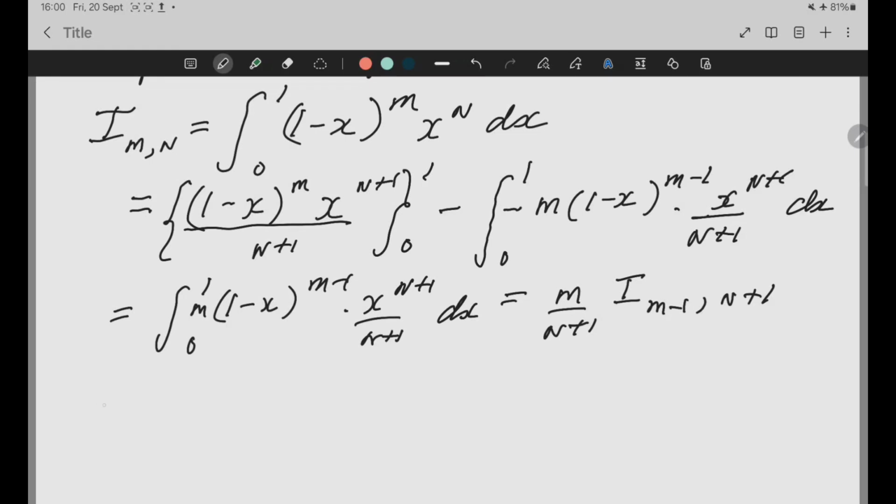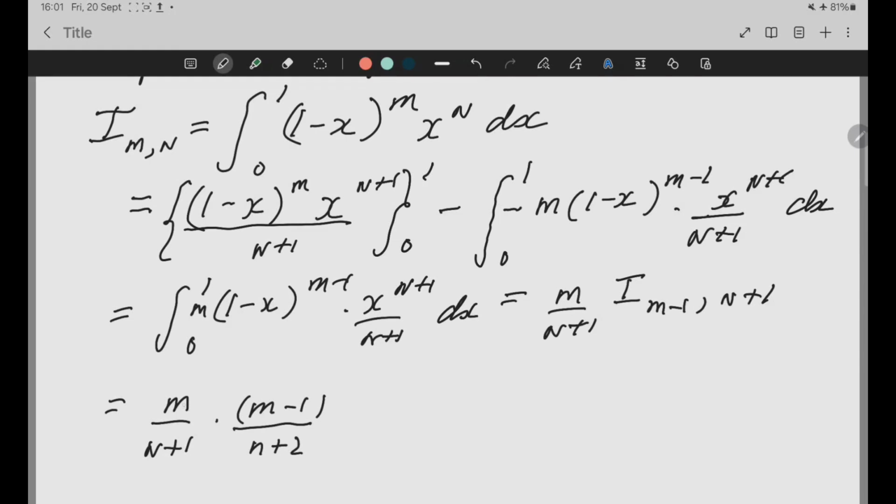and move us on to the next stage, and that will give us m minus 1 over n plus 2. Our sort of navigation guide here would be like this.